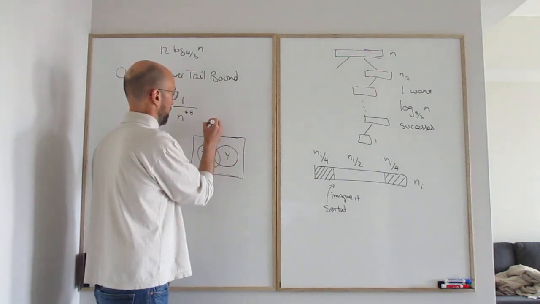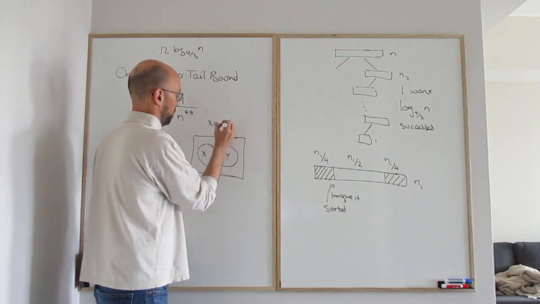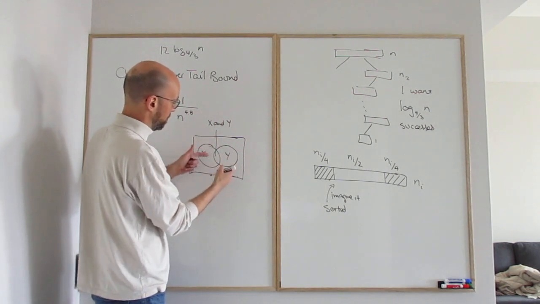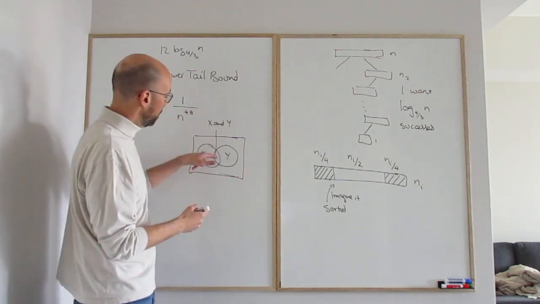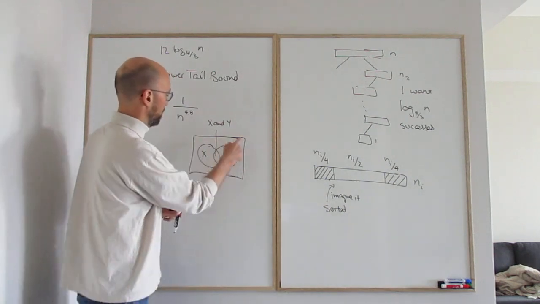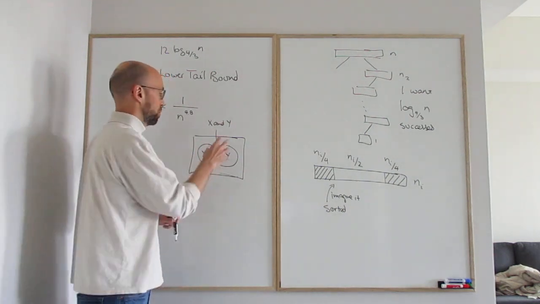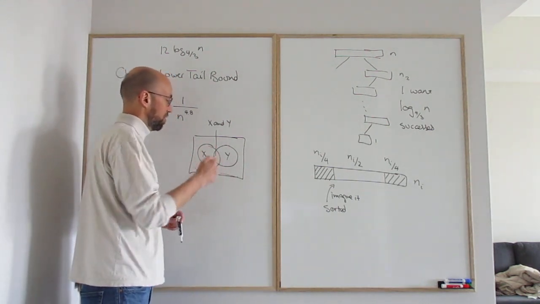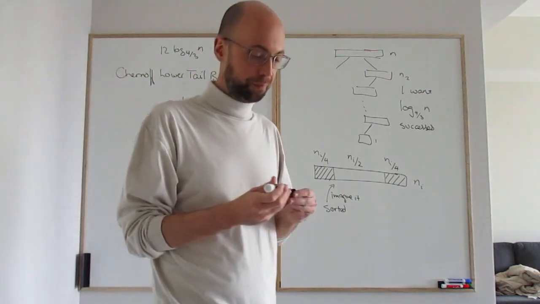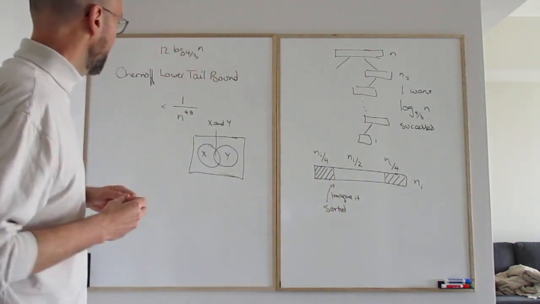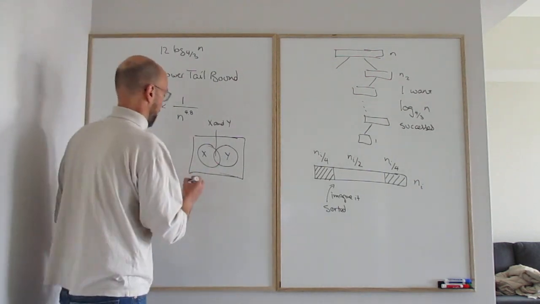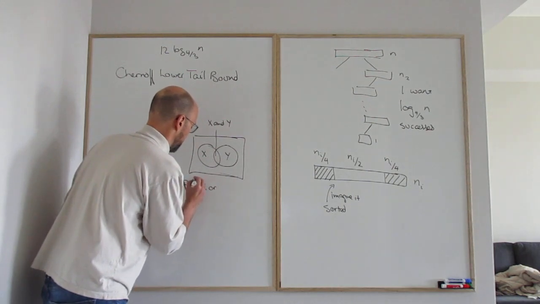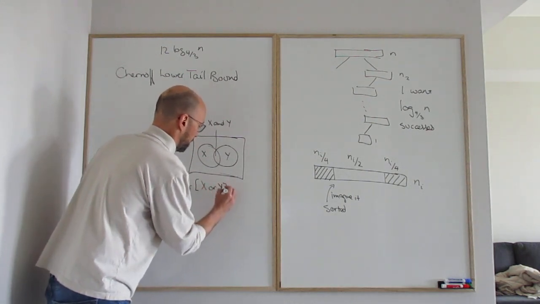This is the chance of X and Y. So this area represents the chance of X happening, this area is the chance of Y happening, and if I throw a dart at this, the probability of landing in this circle is X, in this circle is Y. Obviously the probability proportional to the area in here is X and Y. So what's the chance of X or Y? So probability X or Y.